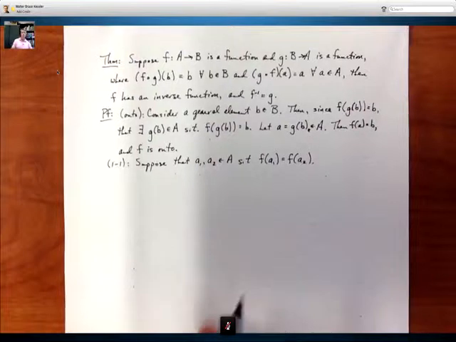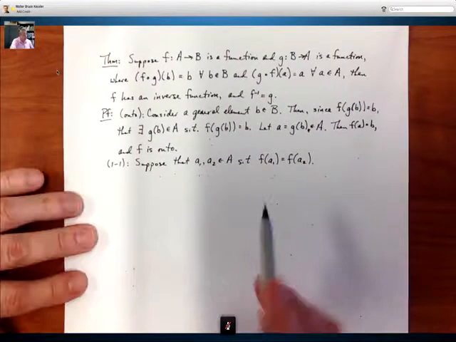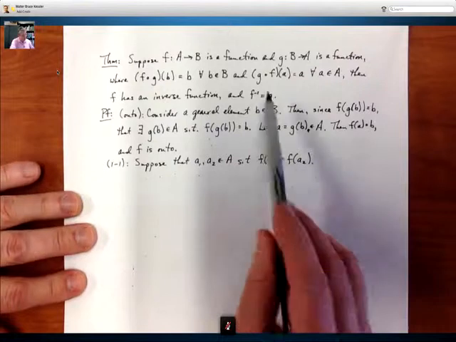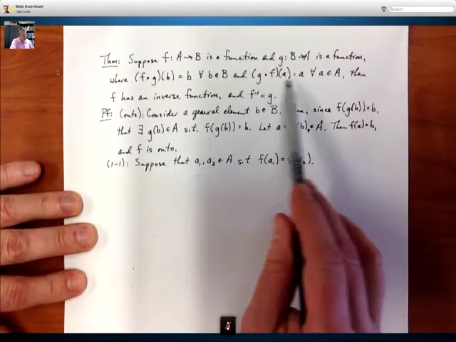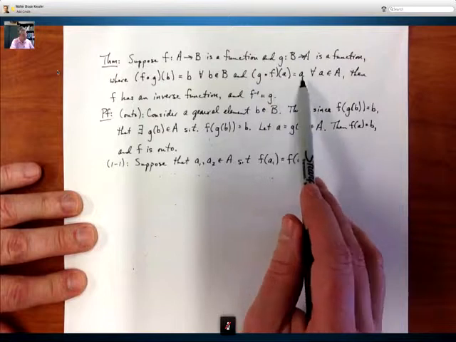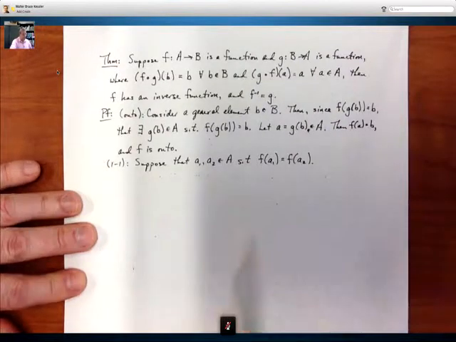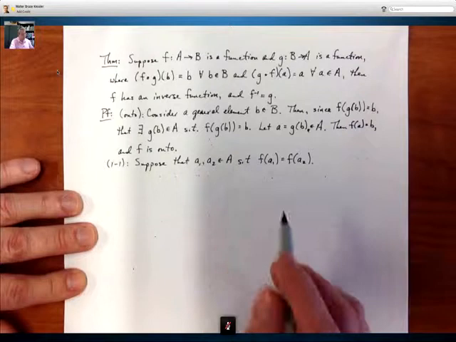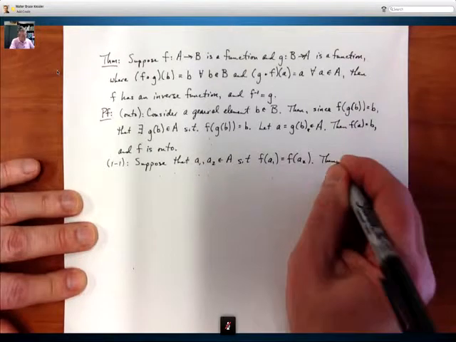Now what I have to do to show that it's one-to-one is show that A1 and A2 are equal. Okay? Well, remember what G does up here. G takes this F of A and turns it into A for all the A that we have.